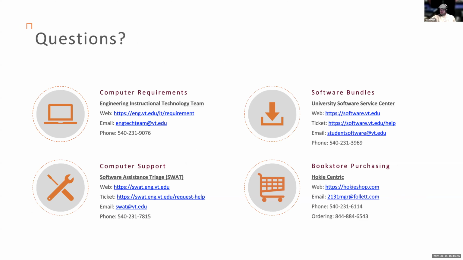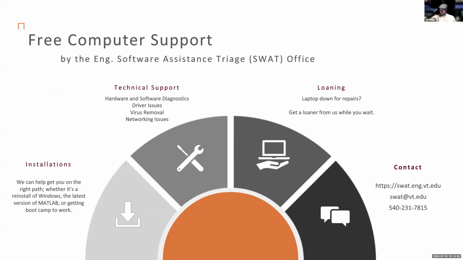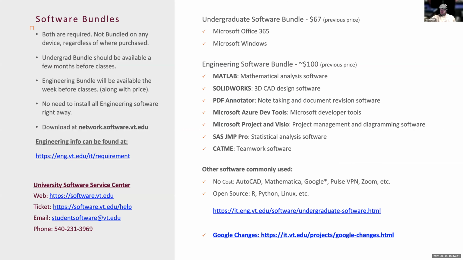And I guess really that's pretty much the extent of it. I guess one question we always get asked is, where can you get your software? So as soon as you've paid for that, if you go to network.software.vt.edu, that is where you can download the software.